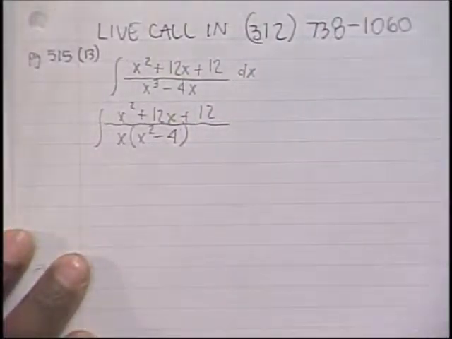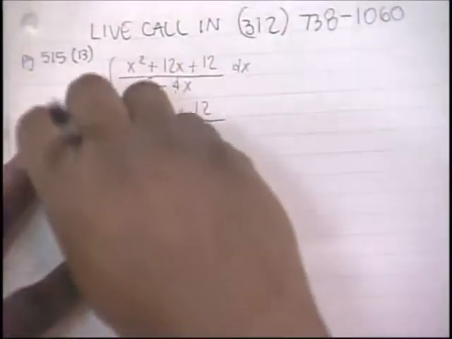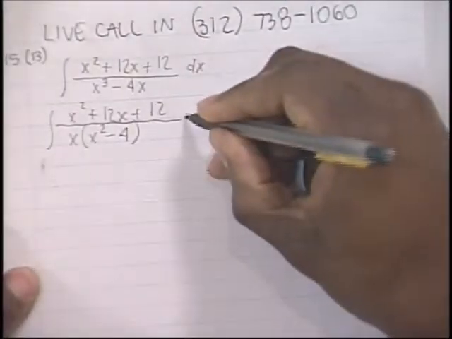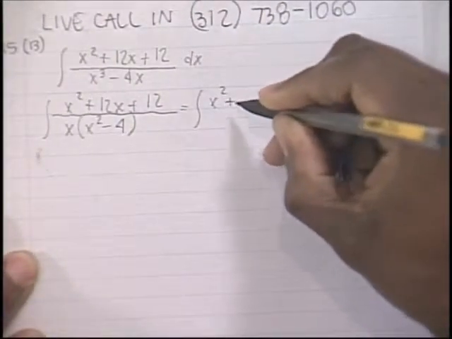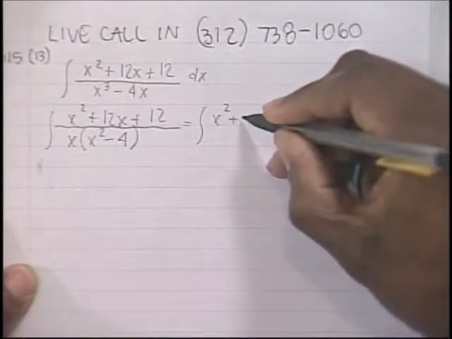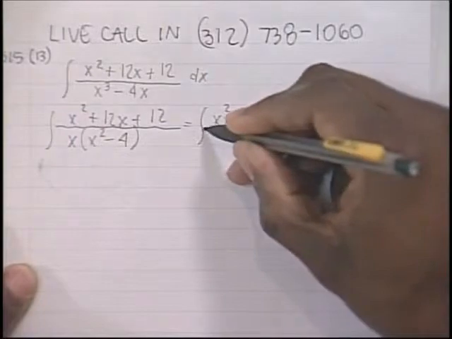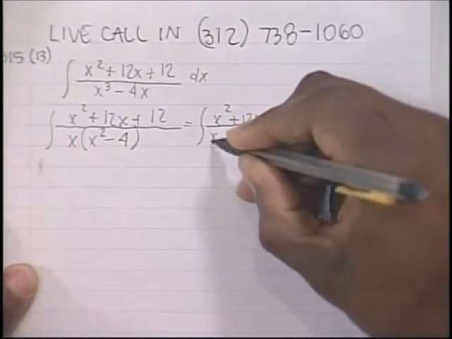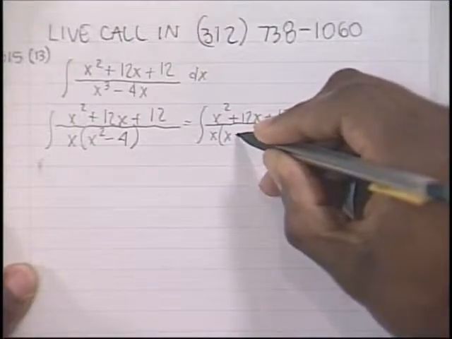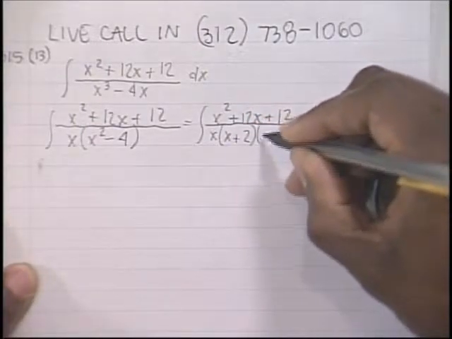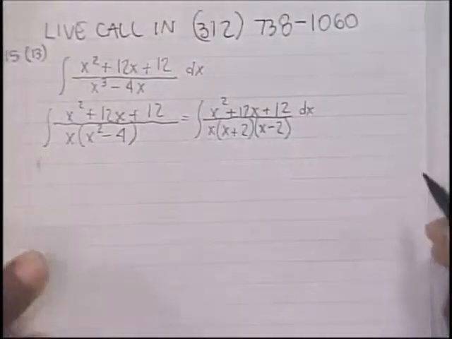You can factor this out even more. You'd end up with the antiderivative of x squared plus 12x plus 12 over x times x plus 2 times x minus 2, dx.